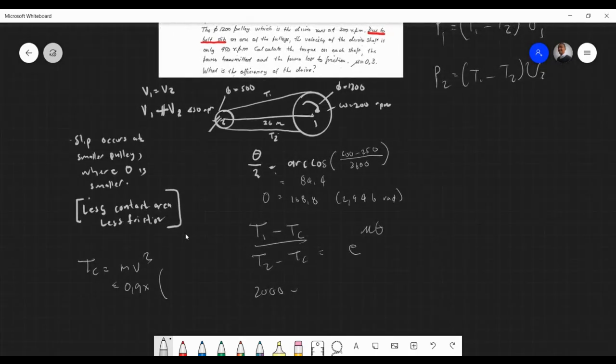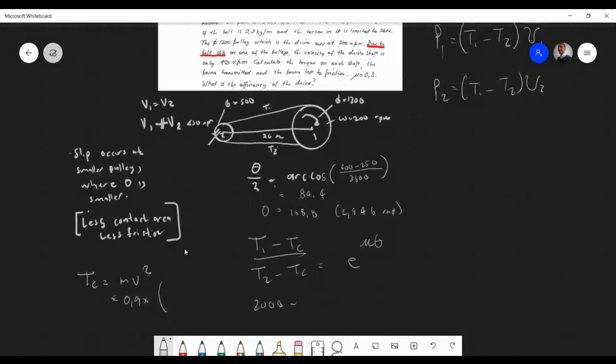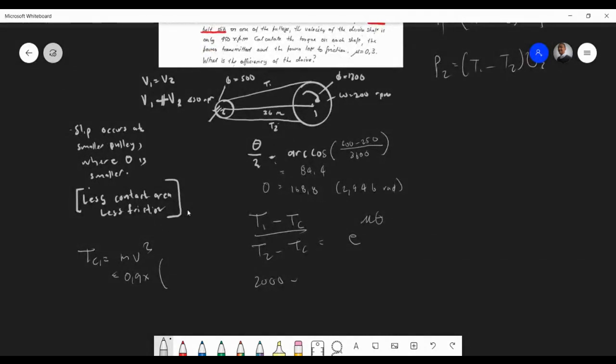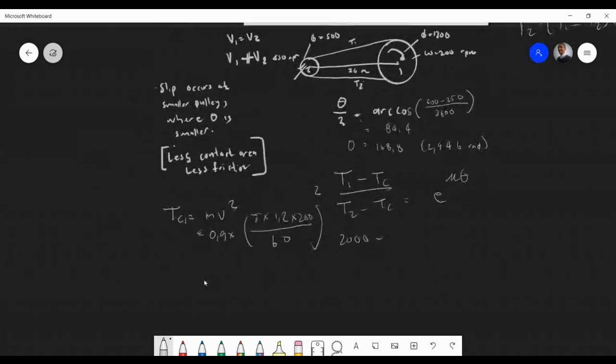So for Tc1, it's 0.9 times pi times d, which is 1.2, times it spins at 200, divided by 60, squared. Can I get that answer, please?